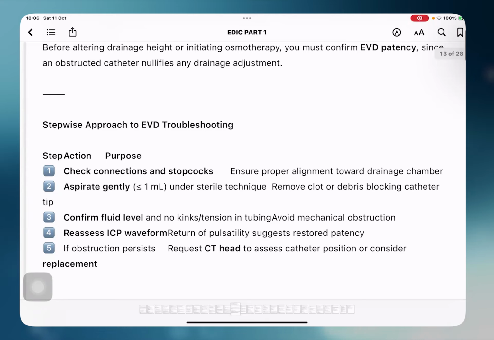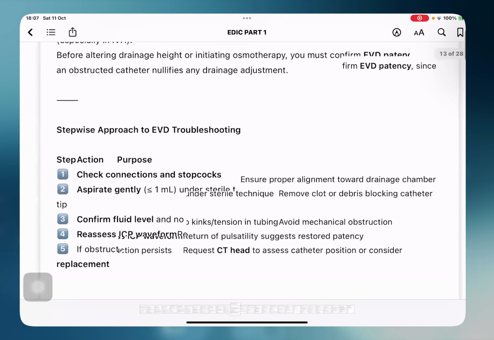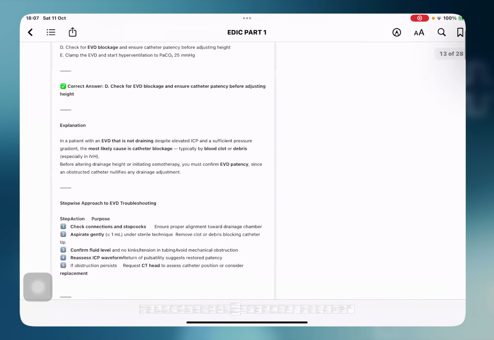Avoid any mechanical obstruction, that means kinks. Reassess the ICP waveform. Return of pulsatility suggests restored patency. If the obstruction persists, then either do a CT head to assess the catheter position or ask the surgeon to replace the external ventricular drain.